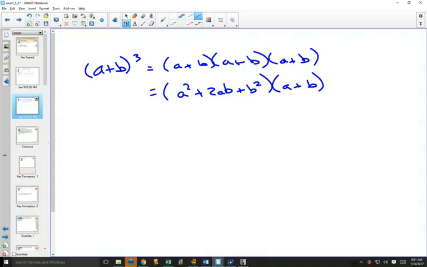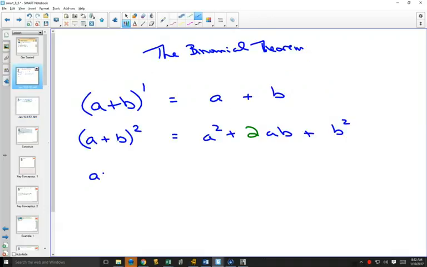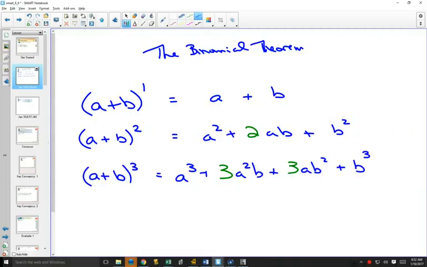If you multiply that by a plus b, this a would get distributed to each of these, and this b would get distributed to each of these. If you multiply that out and combine like terms, you would get a cubed plus 3a squared b plus 3ab squared plus b cubed.